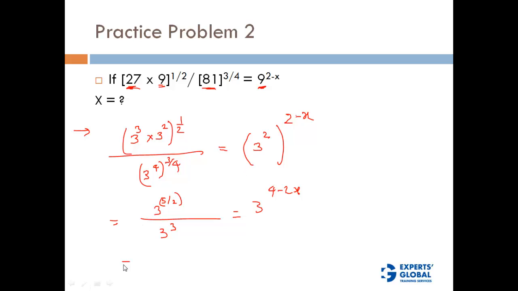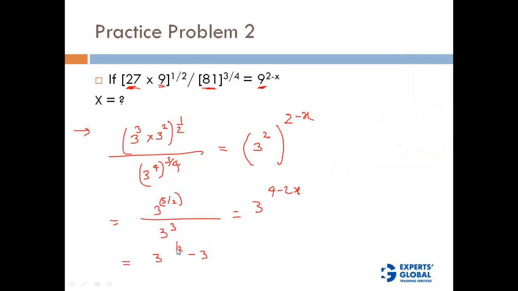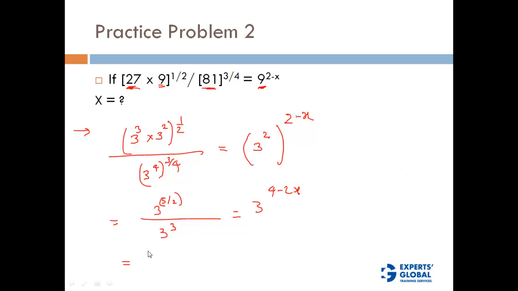So what do we get here? We get 3 raised to 5 by 2 minus 3 raised to 3, or rather sorry, this is not 3 raised to 5. What do we get here is 3 raised to 5 by 2 minus 3 raised to 3.